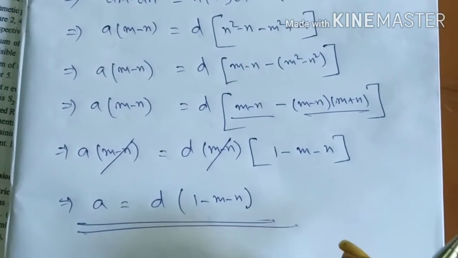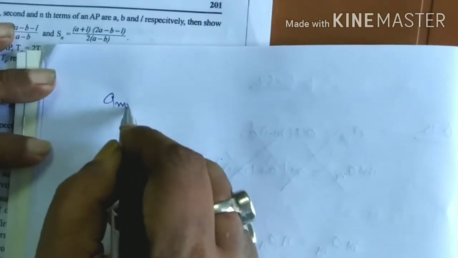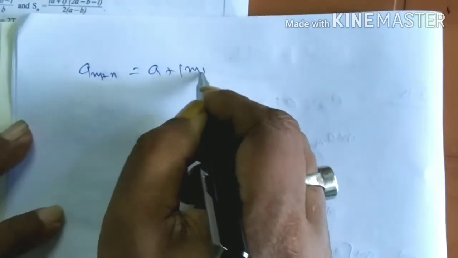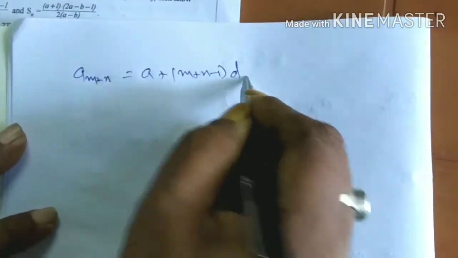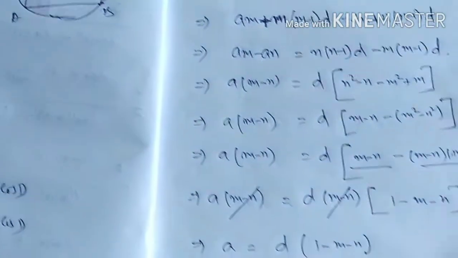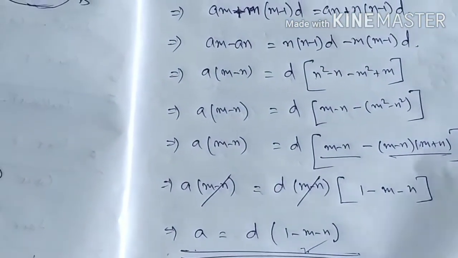Now I have to find the m plus nth term, that is a plus m plus n minus 1 into d. I am going to put the value of a in this equation.